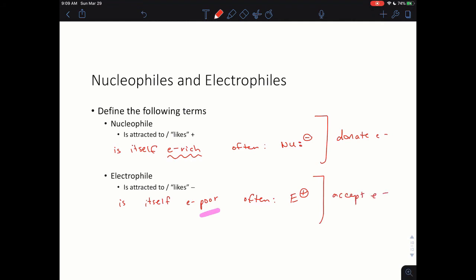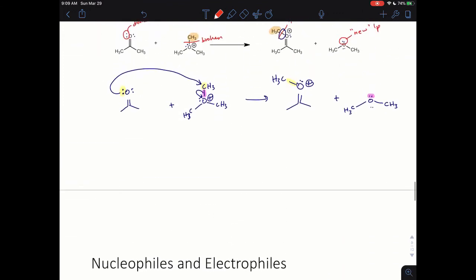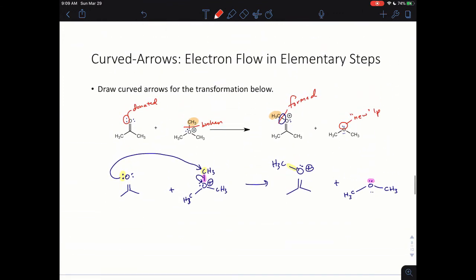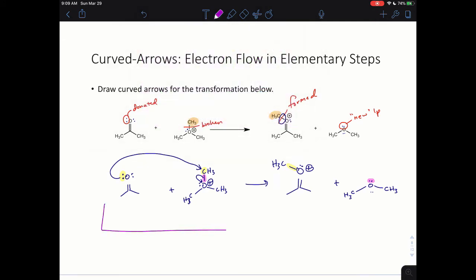They want electrons. So we're going to go back to the examples that we've just been looking at and identify the nucleophile and electrophile. Okay, so for this example here, think about which of these two species, which of these two reactants donates electrons. That's right, this one. This species is acting as the nucleophile.